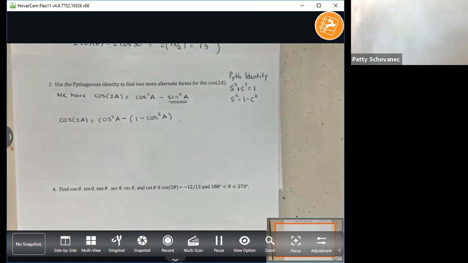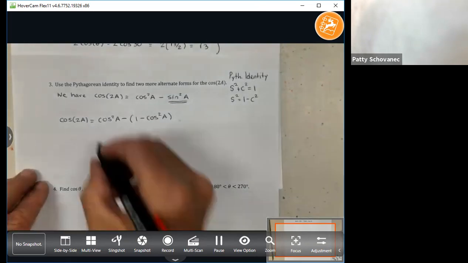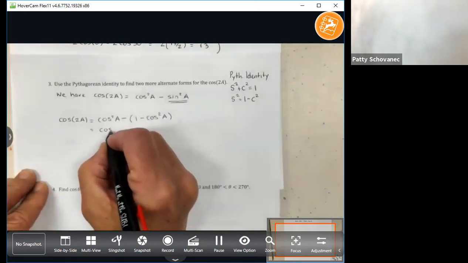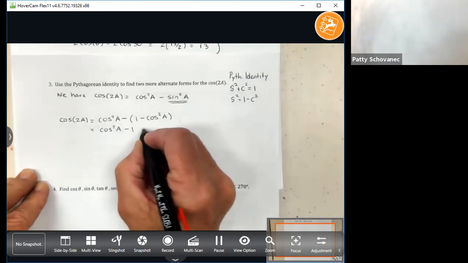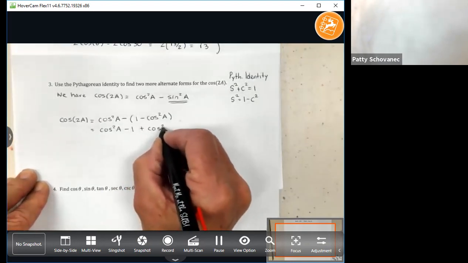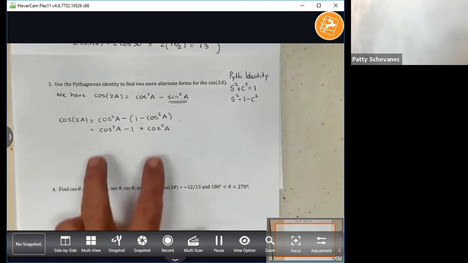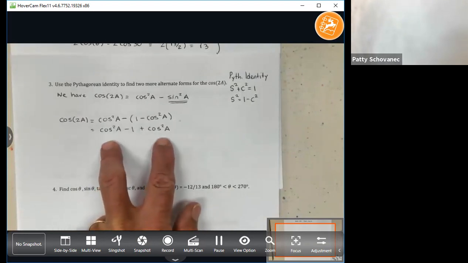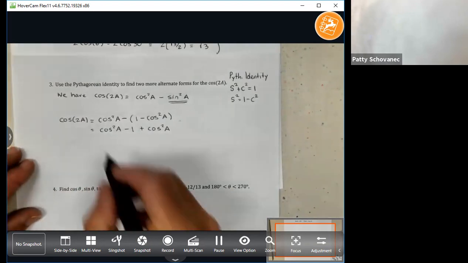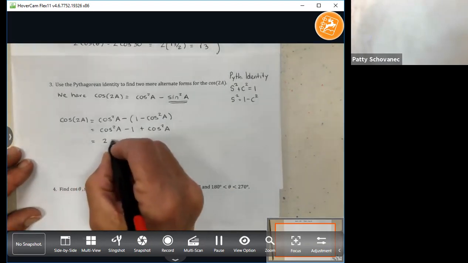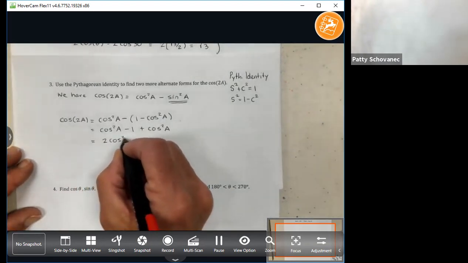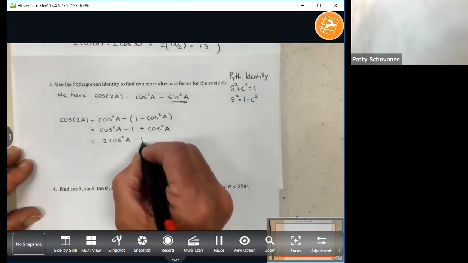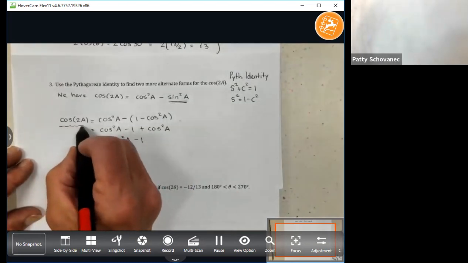Let's take off those parentheses and distribute the minus sign. So it'll look like cosine squared of A minus 1 plus the cosine squared of A. And those two are like terms added together to give us 2 cosine squared of A. Here's the second version of that double angle formula: 2 cosine squared of A minus 1.